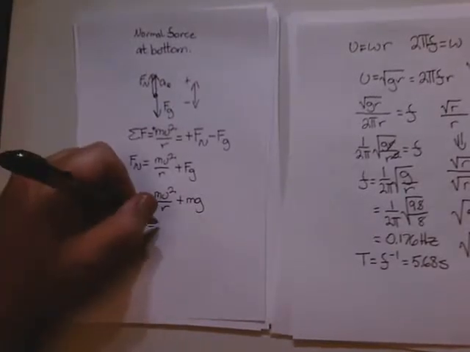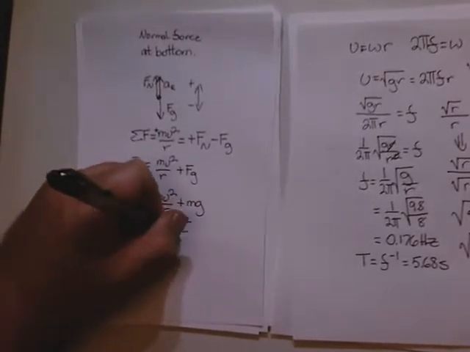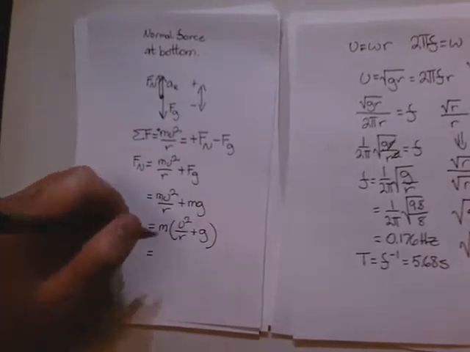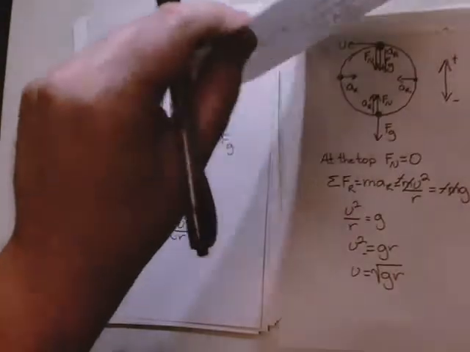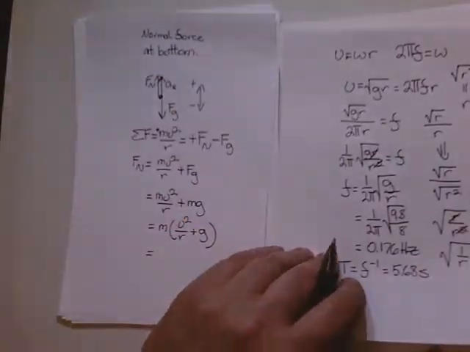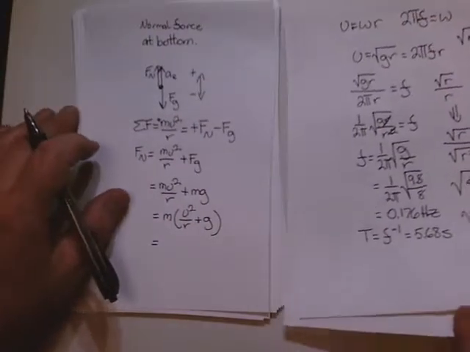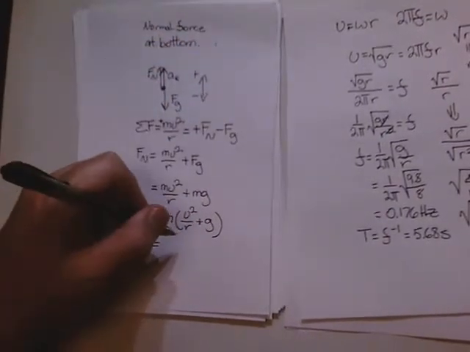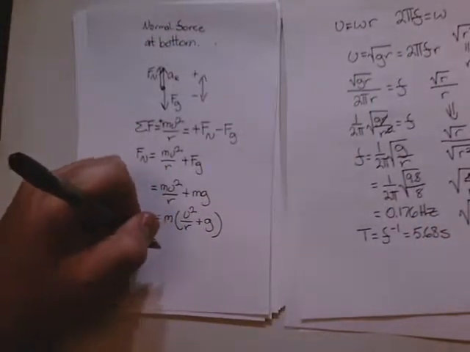What I'm going to do is pull out the m. The v in this case, we never actually found the v. Hold on, we just substituted it out. So v is the square root of gr. Oh, this is great.